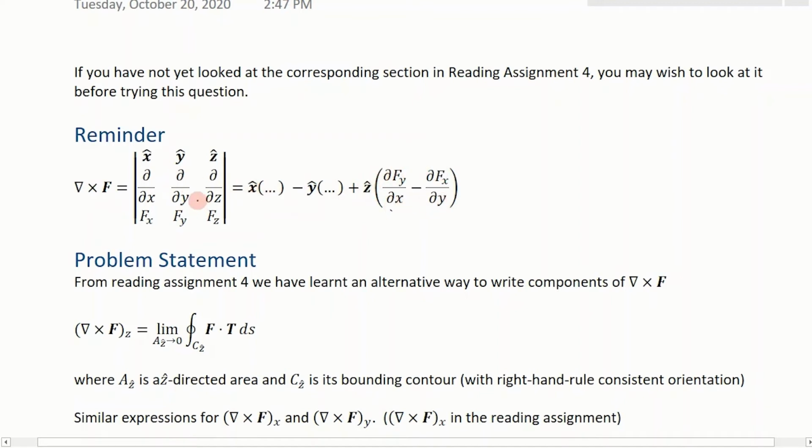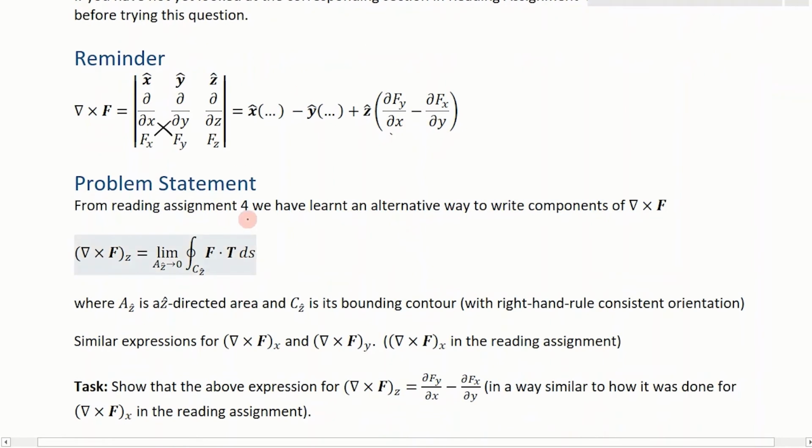So for x, you would do this determinant. For y, you would have a minus and then this determinant, and for z you'll have plus and then this determinant. So I got partial x of fy minus partial y of fx.